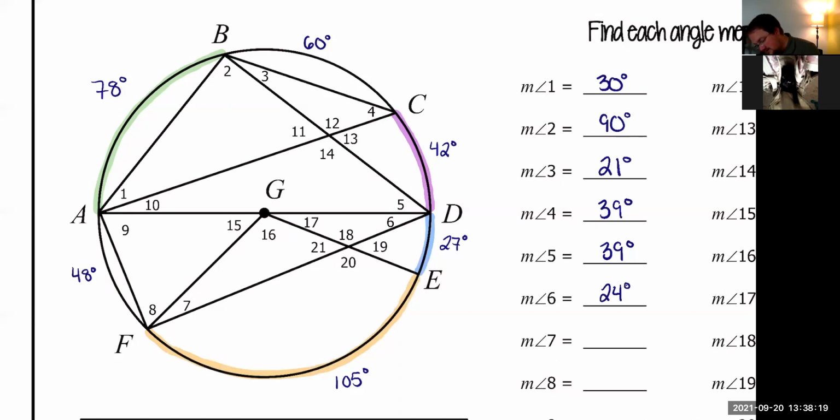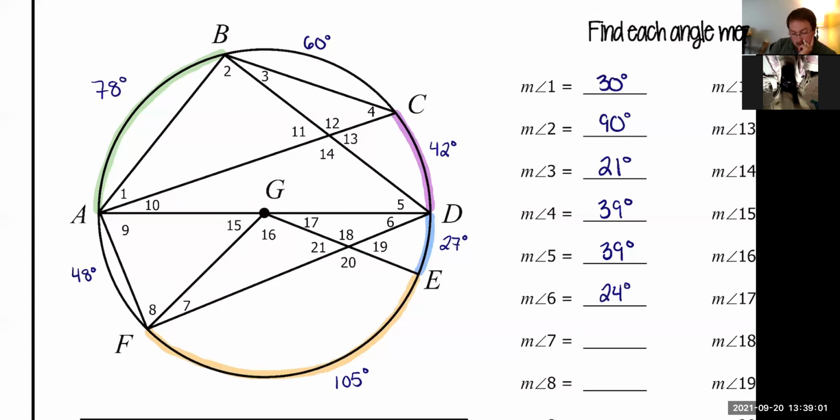Number 7. Do we have enough information for number 7 currently? No, because angle 7, if I follow it out, one endpoint stops at the center and the other stops at D. Well, the problem is, since G is not on the circle itself, I can't find 7 yet. So I'll come back to it. Angle 8. Well, shoot. Same problem.